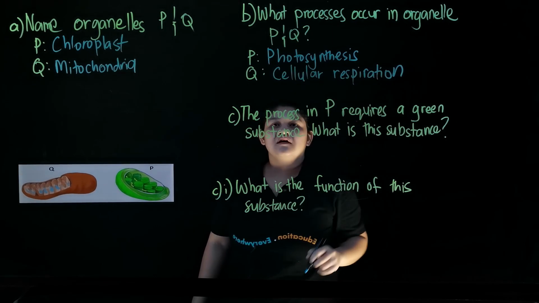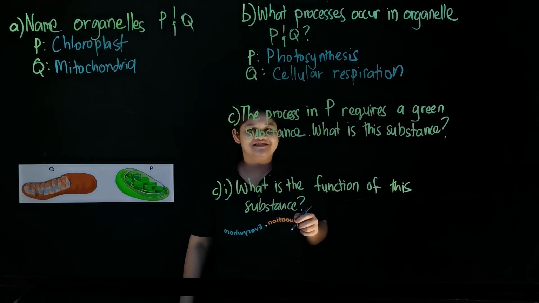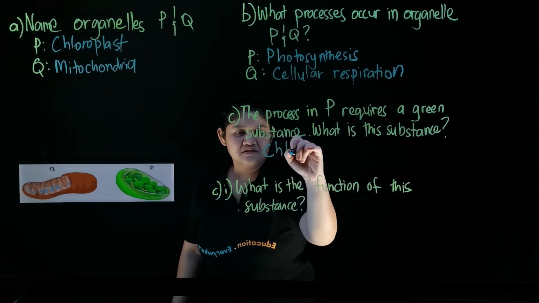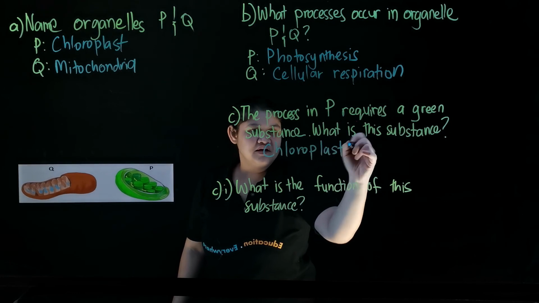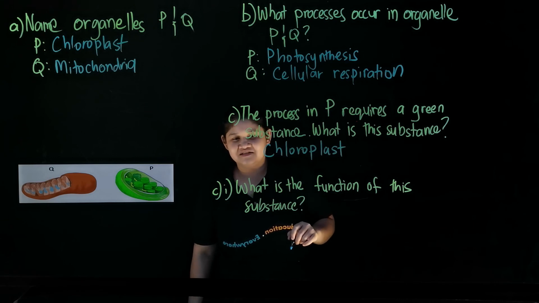The process in P requires a green substance. What is this substance? It is called chloroplast. We've looked at this earlier. And what is the function of this substance?